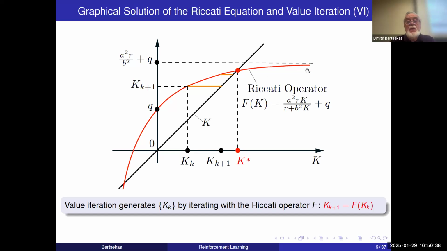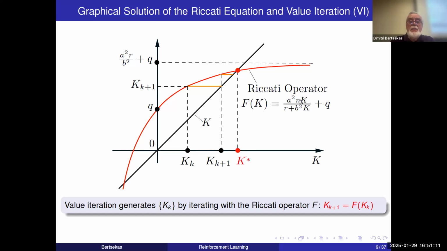It's a nonlinear concave operator, and the optimal cost coefficient, K star, is obtained as the fixed point of this operator. To find a fixed point, what we have to do is find the intersection of the red graph with a 45-degree line, and that is K star. So that's the graphical solution of the Riccati equation. It gives us the optimal cost coefficient.